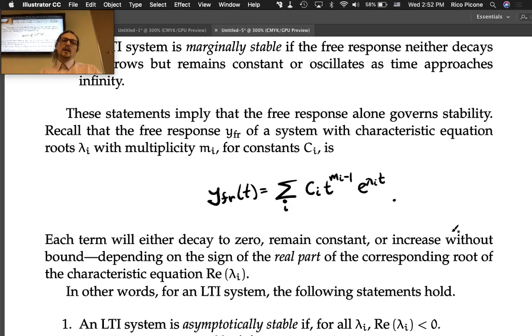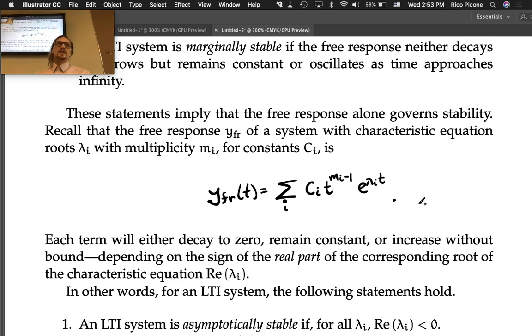Great. Each term in this sum will either decay to 0, remain constant, or increase without bound, depending on the sign of the real part of the corresponding root of the characteristic equation. So lambdas are what govern the stability of this. If the real parts are negative, then we're always going to get an exponential decay.